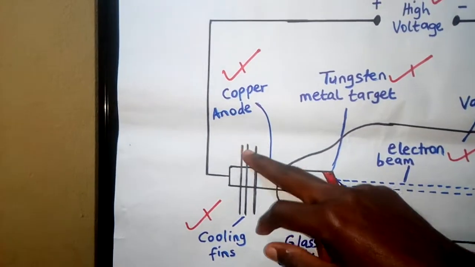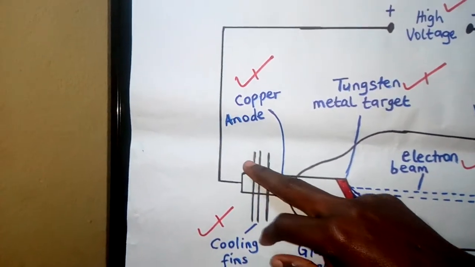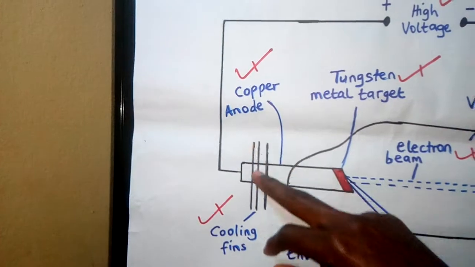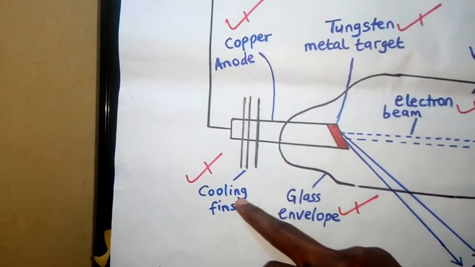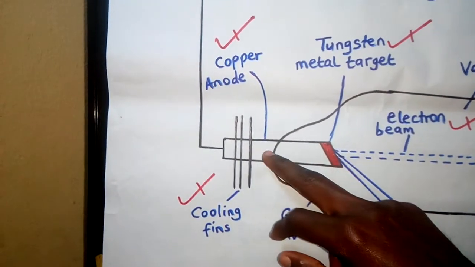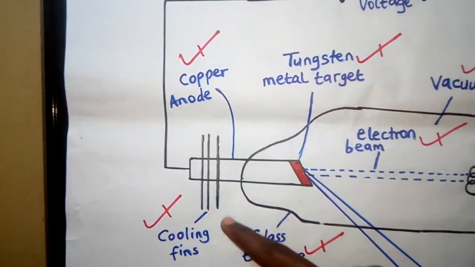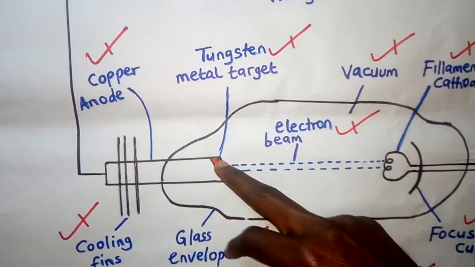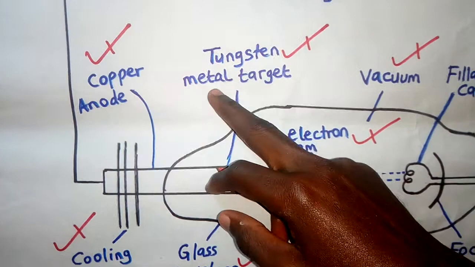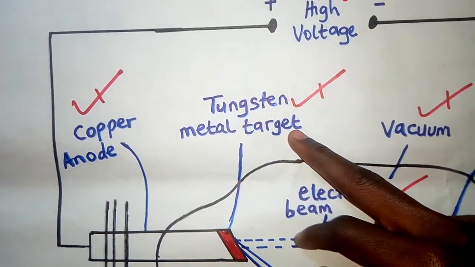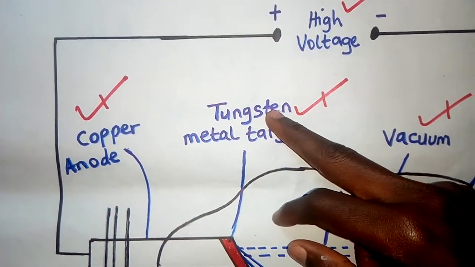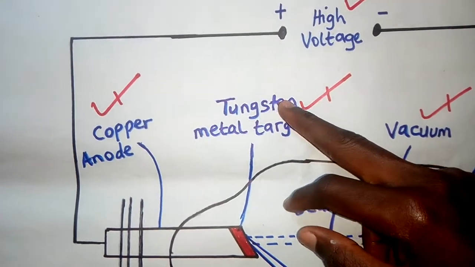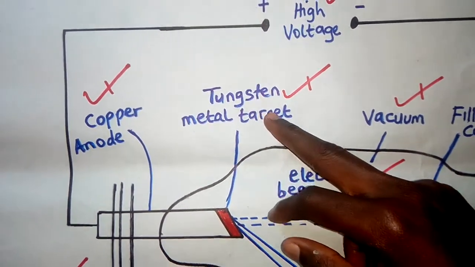Then here, these lines here, those are fins. We call them cooling fins. So you have the copper anode, you have the cooling fins. Then, in front of the copper anode, there's a metal target. This is a metal target, made out of a metal called tungsten. So we call it the tungsten metal target.